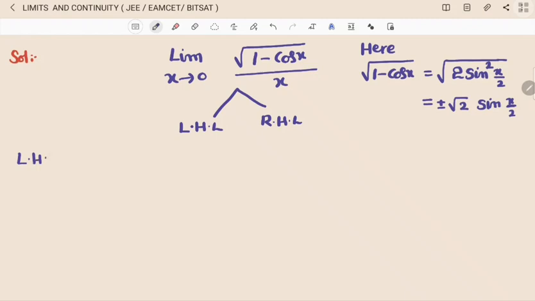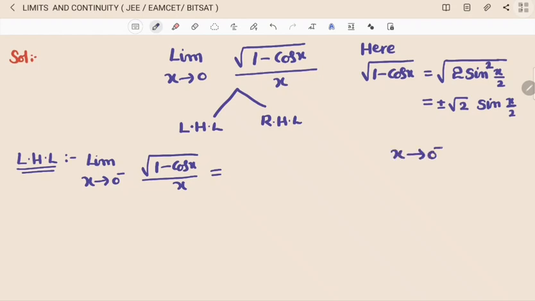Limit x tends to 0 minus root of 1 minus cos x by x. X tends to 0 minus, that implies x is less than 0.